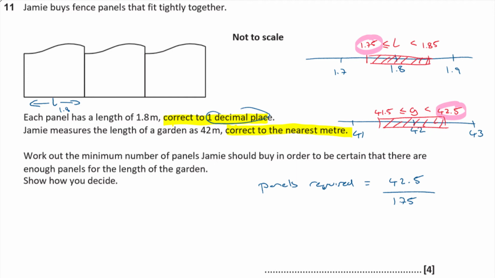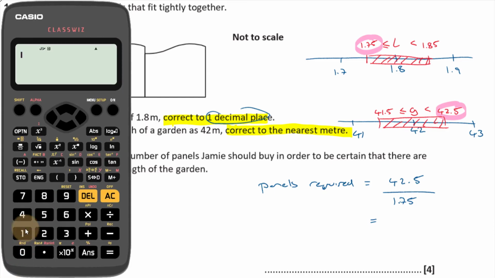I mean, if you can't figure this out, you can just do all four combinations: divide the upper with the upper, the upper with the lower, the lower with the upper, and the lower with the lower, and see which one comes out the most. But I've figured it out, so you only have to do one calculation. So what's that then? 42.5 divided by 1.75, and that comes out to be 24.3.